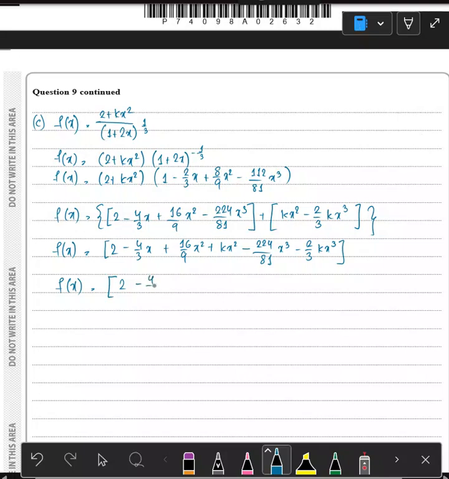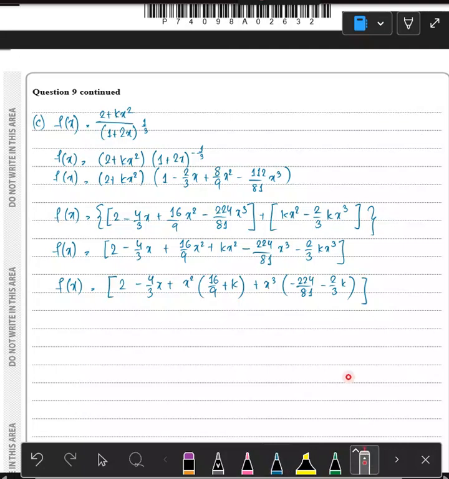So this is 2, plus negative 4 by 3, which is the coefficient of x, plus the coefficient of x squared, which we know is 16 by 9, plus k, plus x cubed, whose coefficient is negative 224 by 81 plus, sorry, negative 2 by 3k.